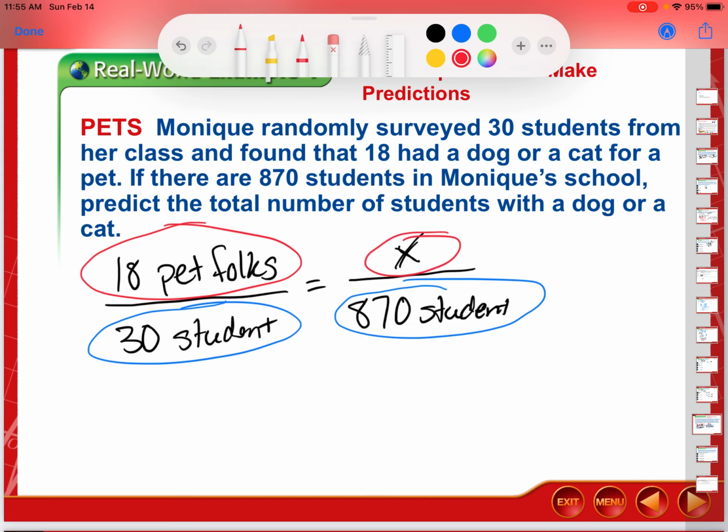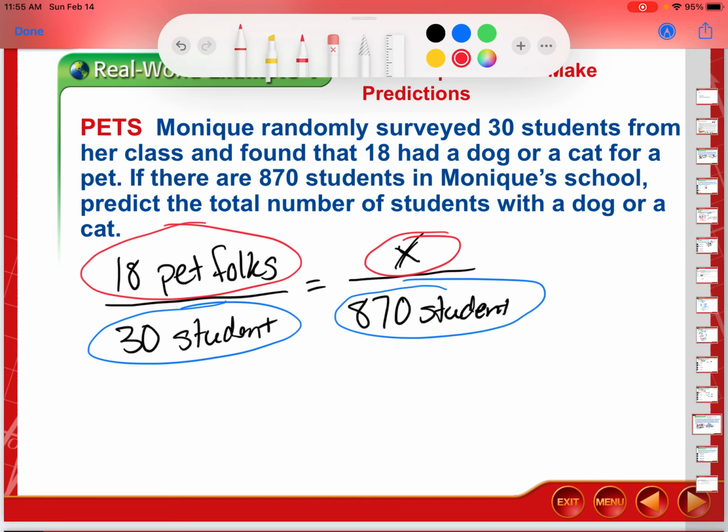So we want to keep our pet people on top, and we want to keep our total surveyed on bottom. We want to match up our labels, which we've talked about before. You want to keep your labels in the same relative position, just like when we did proportions previously. You want to keep your little sides on top, your big sides on bottom in both places, or else you'll get a messed up answer that's just not even relatively correct.